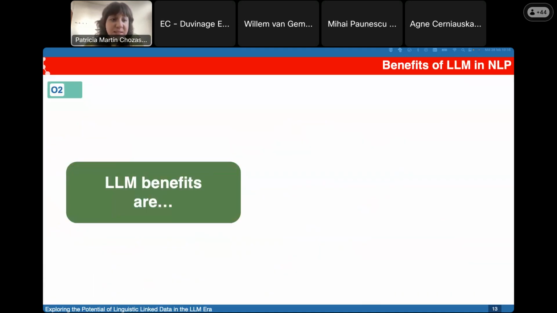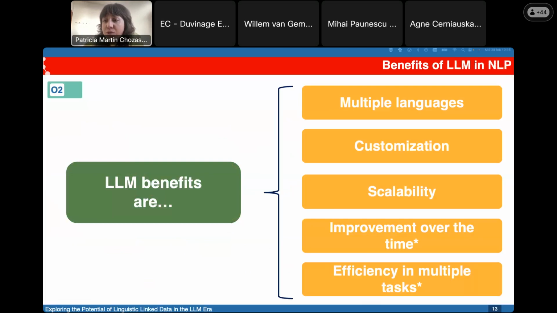So with this, let's move to the benefits of LLMs, also surely known by everyone. But just have a quick look at this. LLMs' benefits are, well, they are able to return results in multiple languages, and we can easily test this.